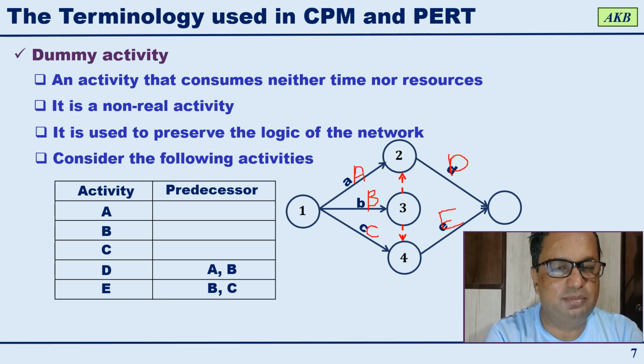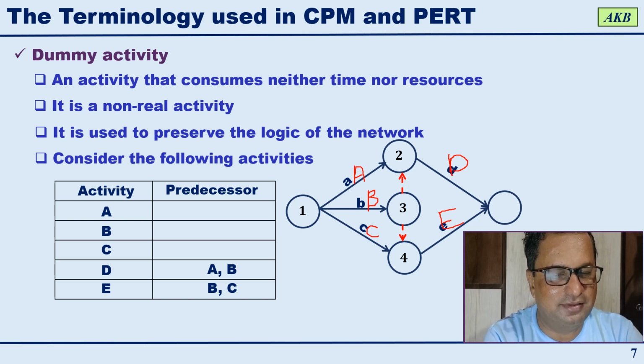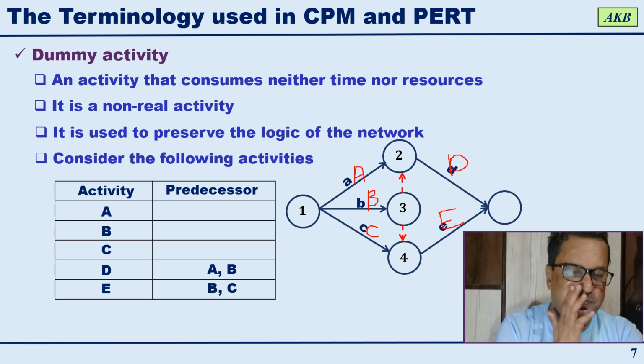Once the dummy activity is used, now you can clearly understand that for starting of activity E, B should be completed. B is getting completed at 3, and then C should also be completed. C is completing at 4. So at event 4 you have both B and C getting completed, and then activity E starts at event 4.